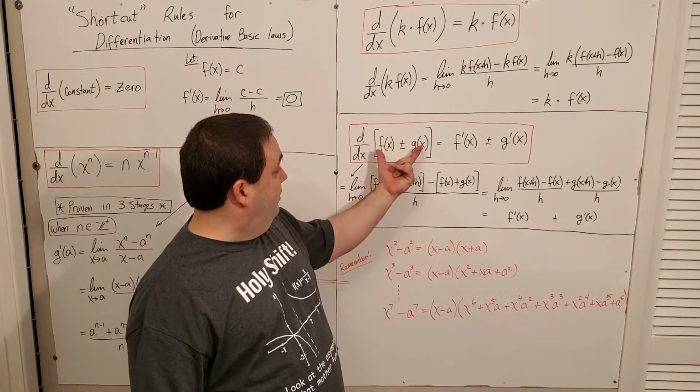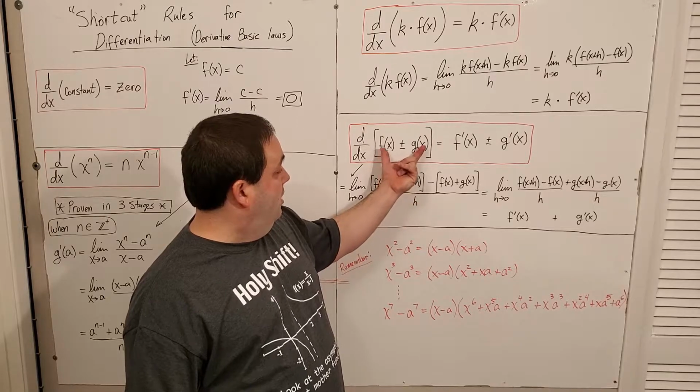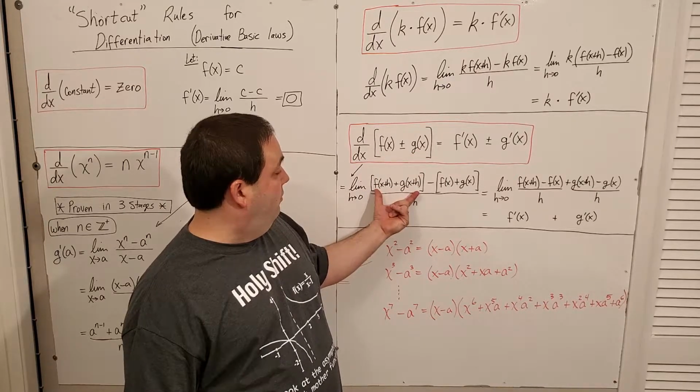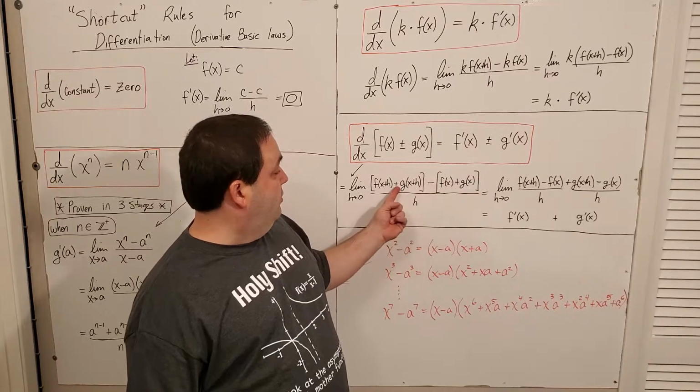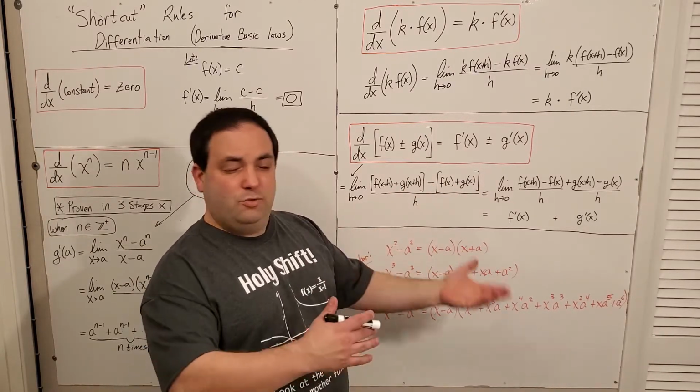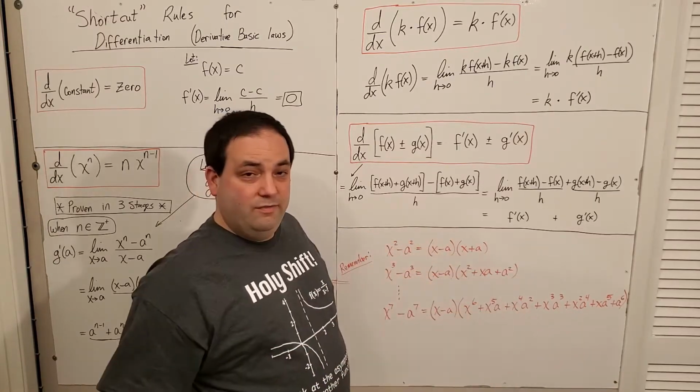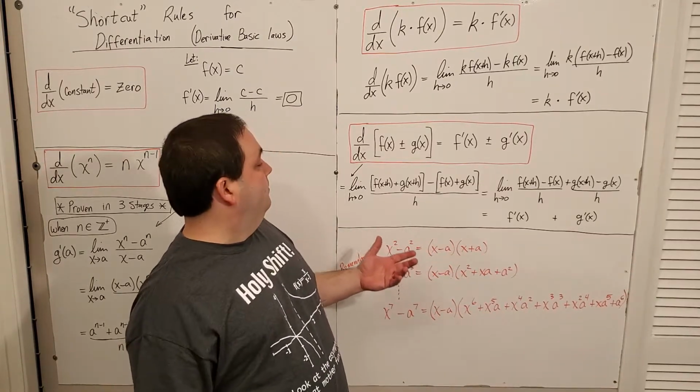If I have the original function in a difference quotient, I would have to put in x plus h into both, minus the original function. And you'll notice I'm using the addition part because subtraction is really just addition of a negative value. So it's the same thing.